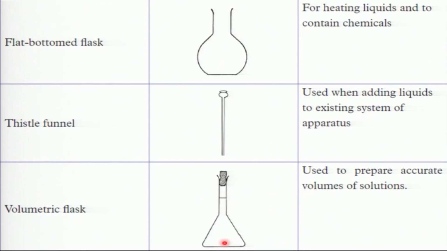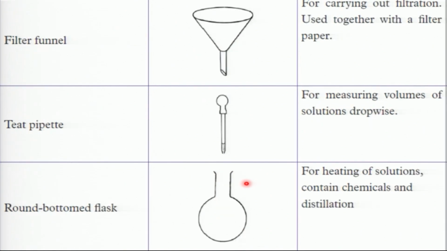So the volumetric flask, normally we use during titration to do what? To measure accurately the volumes of solutions. All right? So you need to be very careful with these apparatus because they look the same, but they play different roles. We can continue with very many.